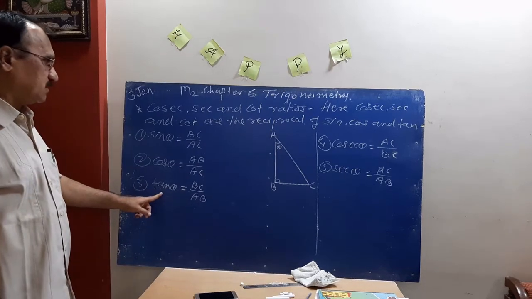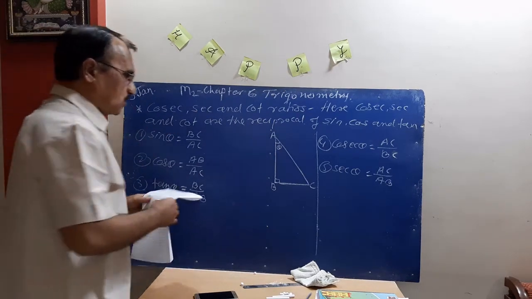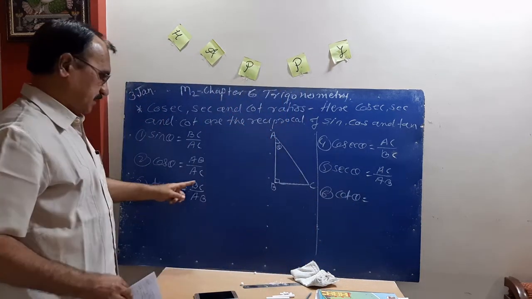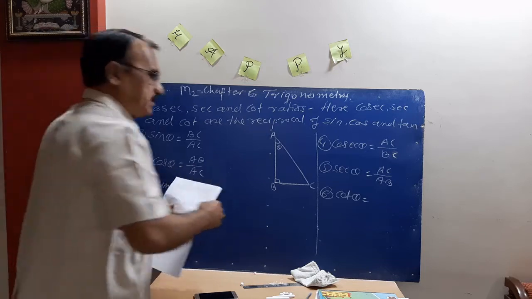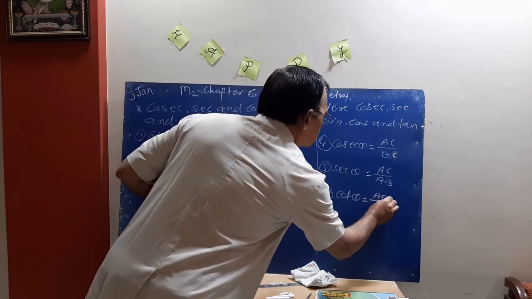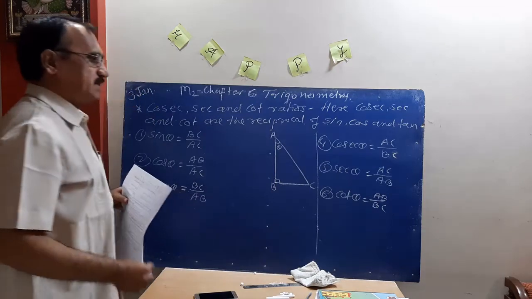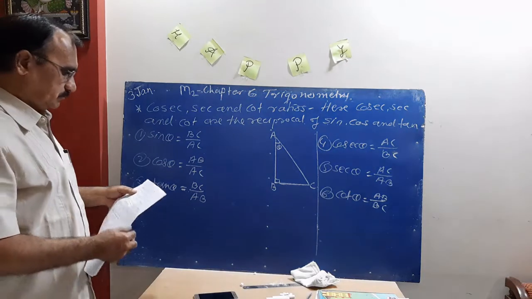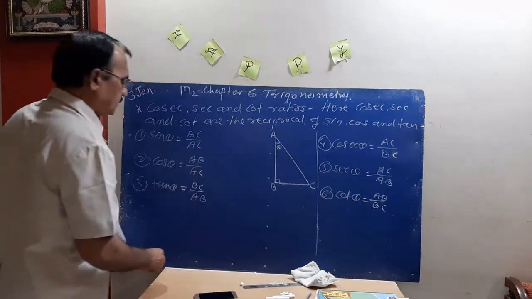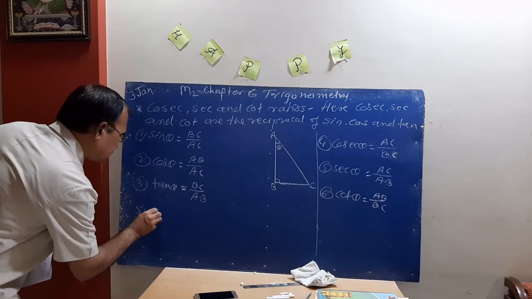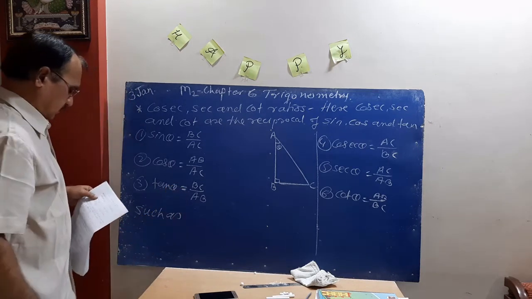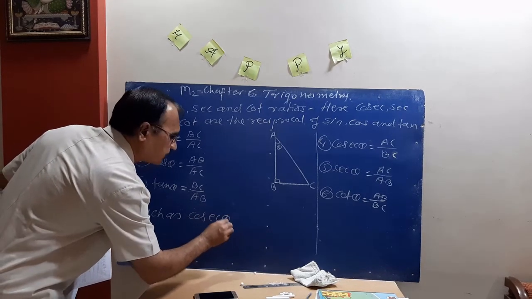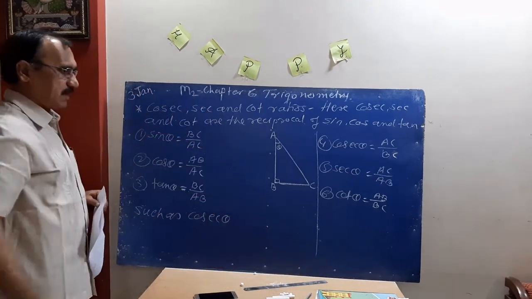Then cot is the reciprocal of tan, therefore cot theta is equal to, if tan is BC upon AB, then AB upon BC. These are the total 6 trigonometric ratios. Draw this figure, write this.